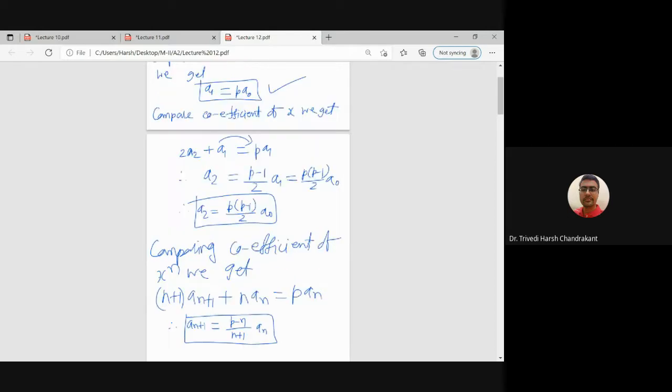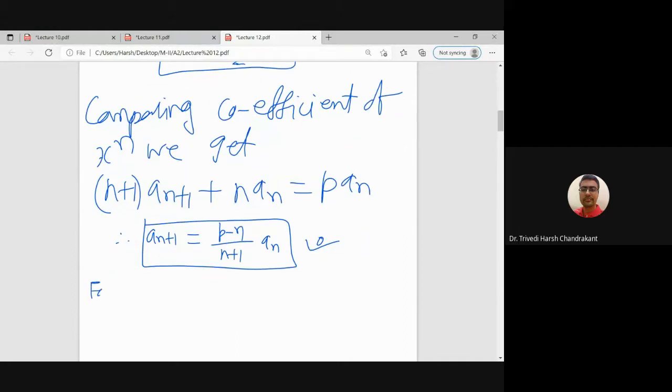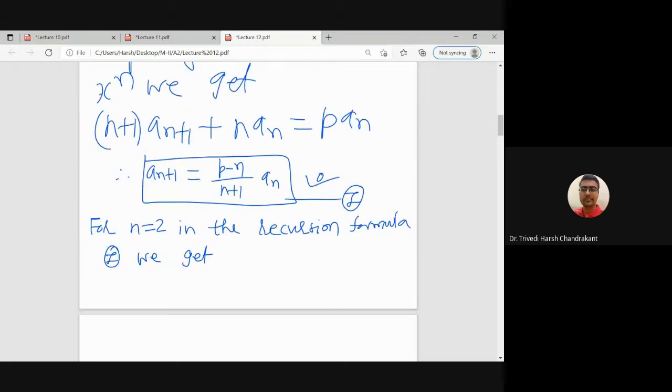Such a formula is called a recursion formula, and using the recursion formula we can find all an. For example, we know a2, so if we substitute n equals 2 in the recursion formula, what do we get? We get a3.